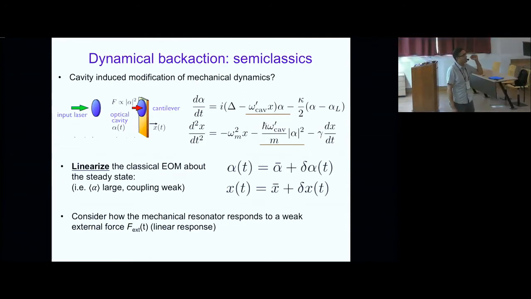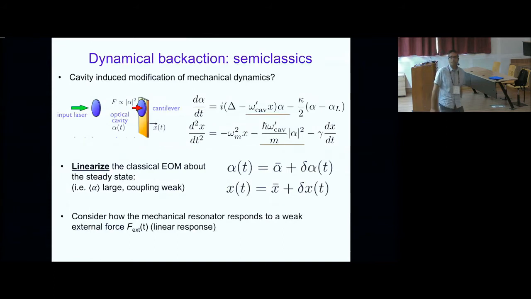Imagine now I drive the mechanical resonator. I add a term to this second equation. It's just a tiny external driving force on the mechanical mode. If I add a tiny driving force, I assume that linear response is going to work. I'm going to get a tiny amount of induced motion in the mechanics. I want to find the susceptibility that describes, given the driving force I've added, how much induced motion I get.